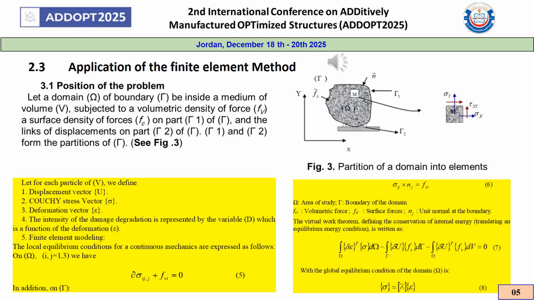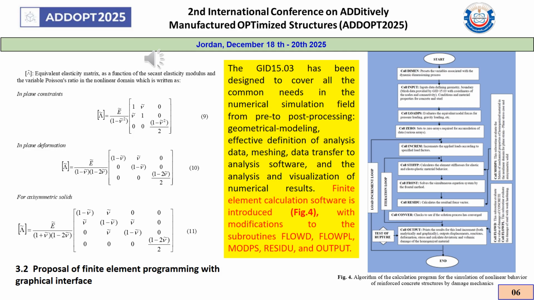Finally, the finite element method is applied where the elasticity matrix is affected by the secant Young's modulus and secant Poisson's ratio. See equations 5, 6, 7, and 8. Equations 9, 10, and 11 show that the equivalent elasticity matrix varies depending on whether we are in a state of plane stress, plane strain, or for axisymmetric solids.